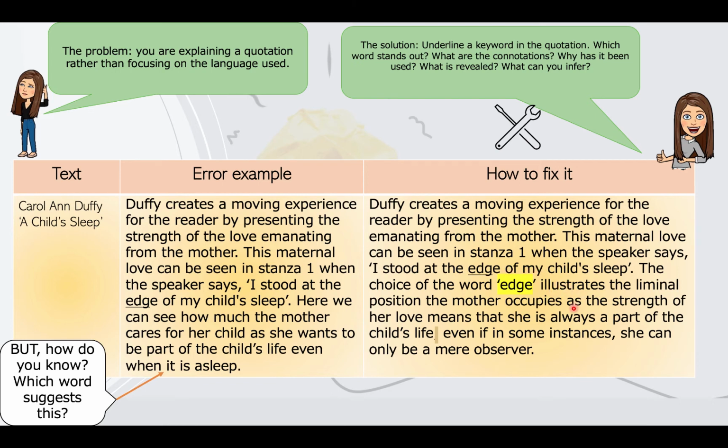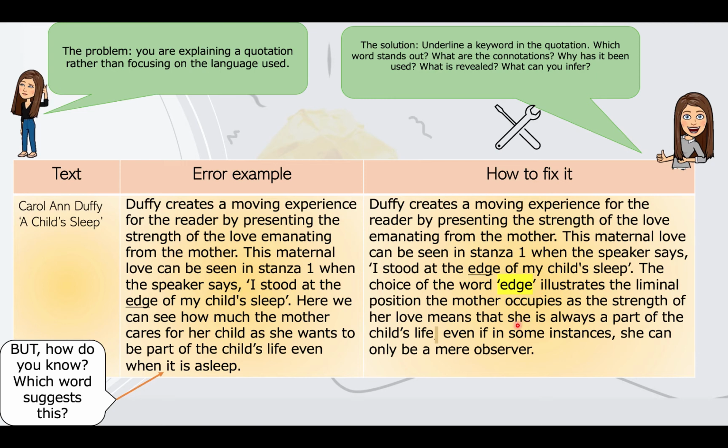It shows that the mother is always on the edge of something. So we've considered the effect, that it's also imagery, and we've been very, very specific. We've answered these questions, how do you know? It shows that she occupies a liminal position, so she's neither part of the child's life nor out of it, she's on the edge. It also shows that even though she can only be an observer, she still wants to be a part of the child's life.